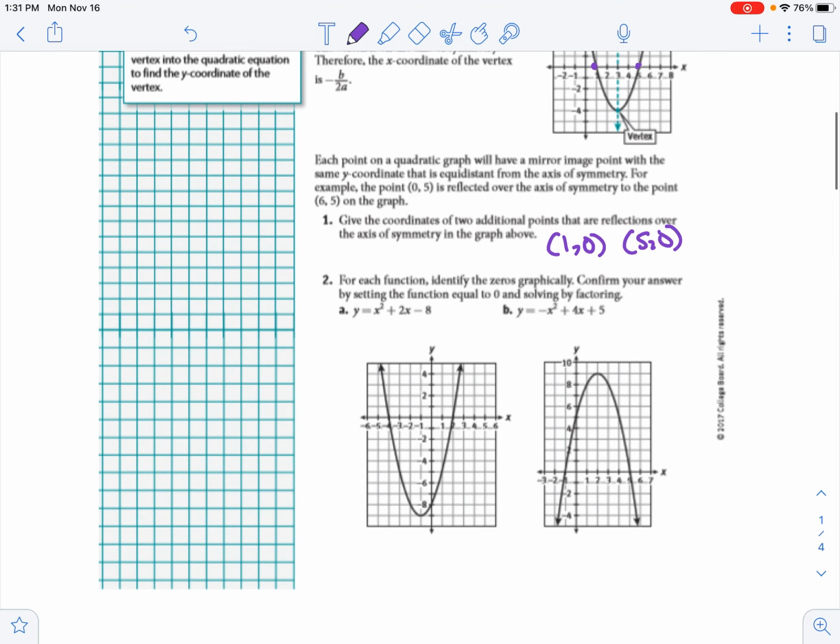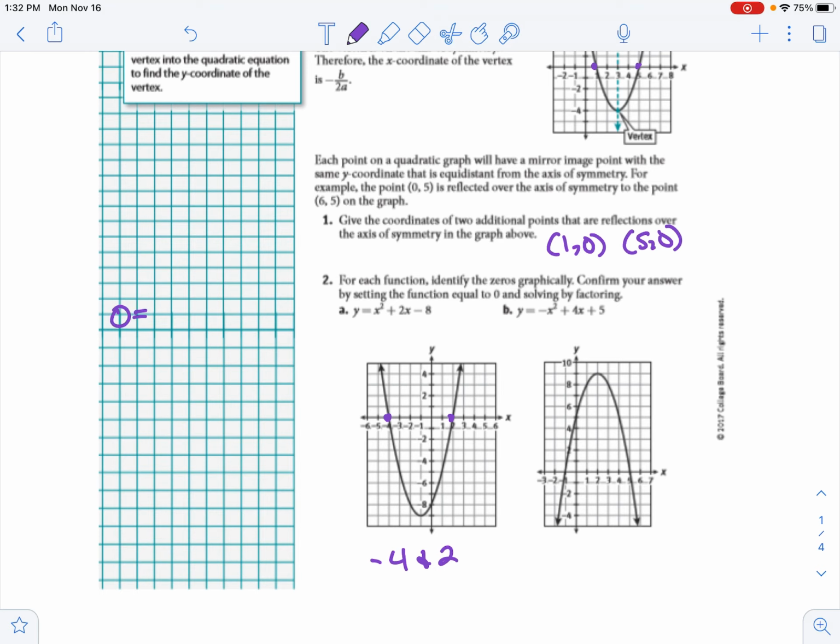For each function, identify the zeros graphically. The zeros of a function, of course, are the x-intercepts. So I see negative 4 and 2. So the zeros are negative 4 and 2. Then it says confirm your answer by setting your function equal to 0 and solve by factoring.